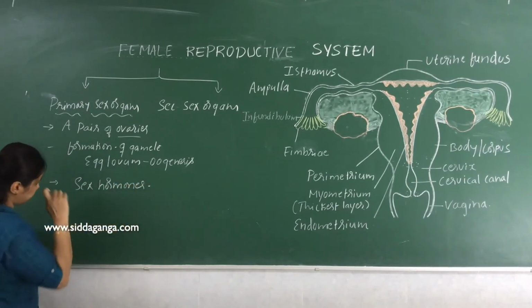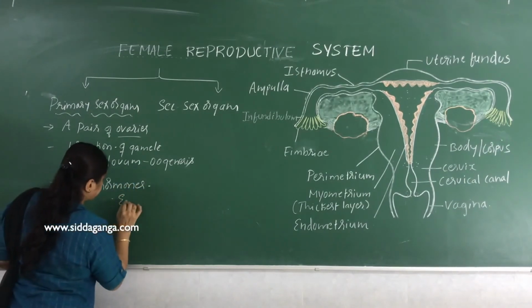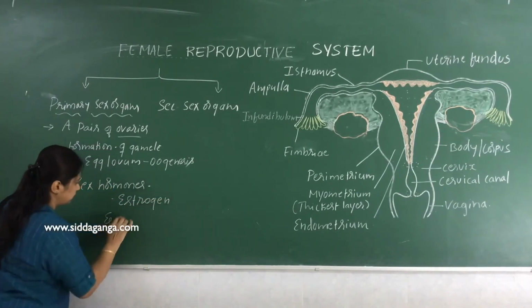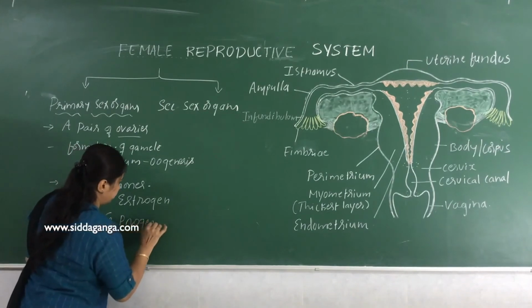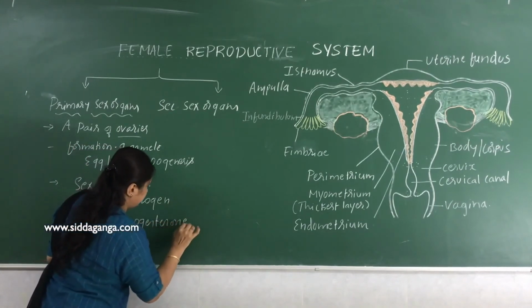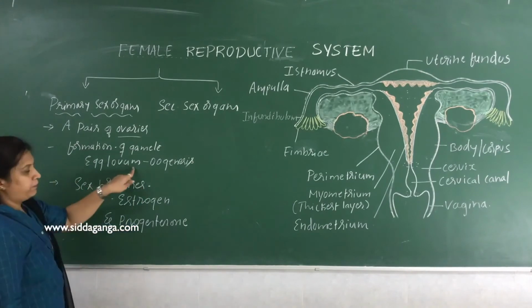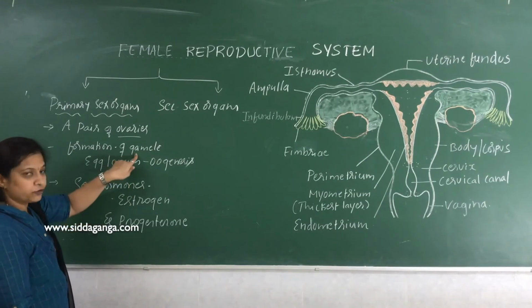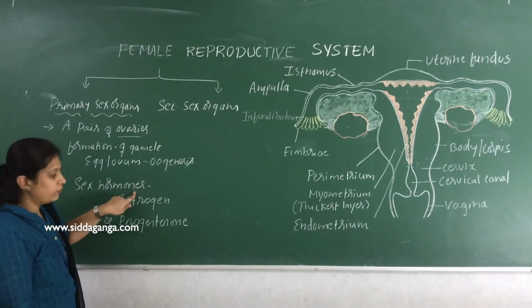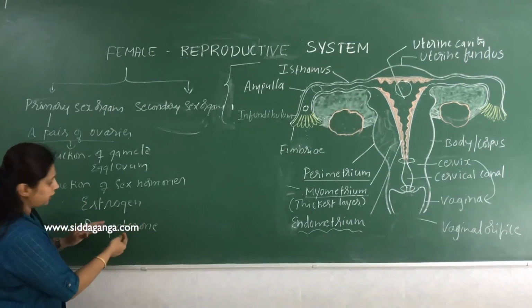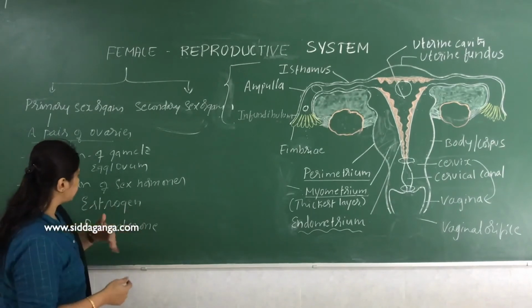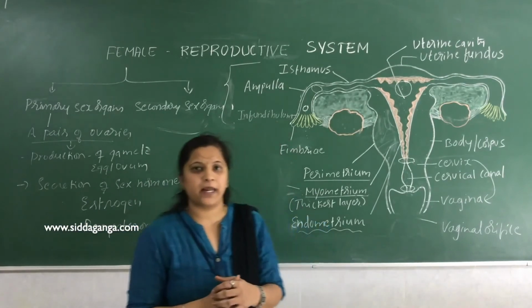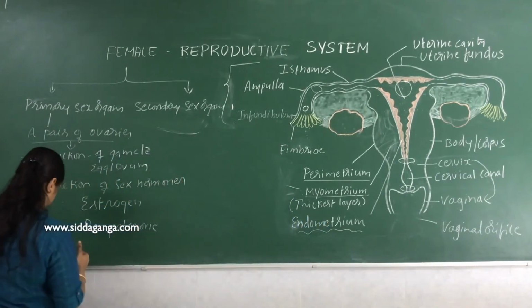The sex hormones include estrogen and progesterone. So production of gametes and the secretion of sex hormones are both reproductive in function and endocrine in function. Estrogen is responsible for the development of secondary sexual characteristics in females.